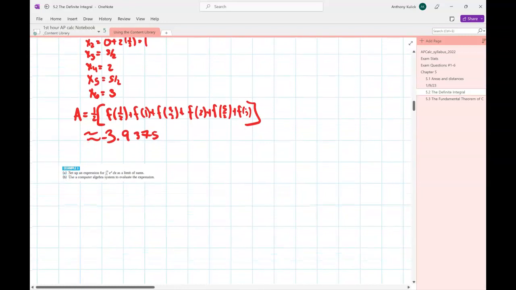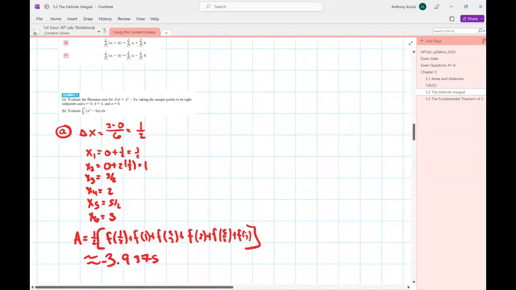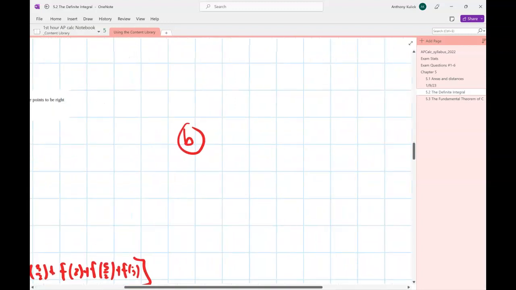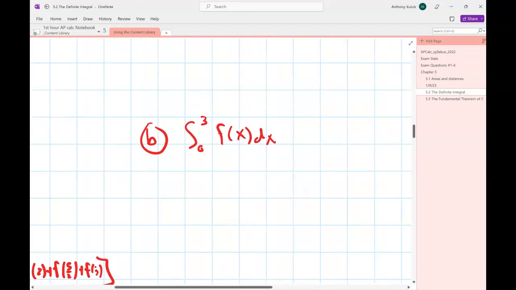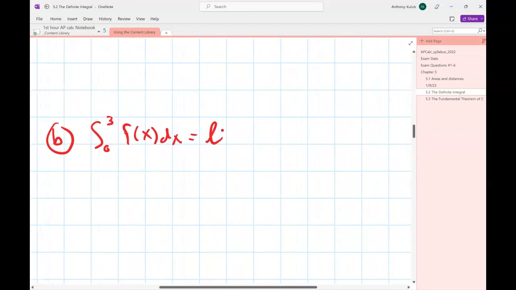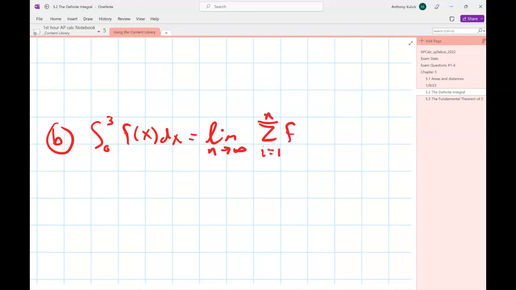Part B then says to do this to evaluate, I'm sorry, not the Riemann sum, the integral. There's that.